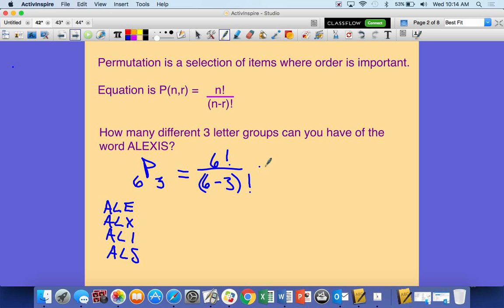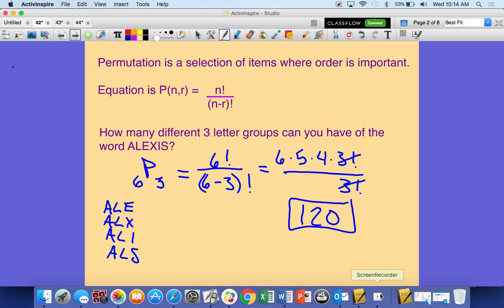Alright, and then simplifying this down, we've got 6 times 5 times 4 times 3 factorial, because on the bottom 6 minus 3 is 3 factorial. Those go away. 4 times 5 is 20, times 6 is 120. There are 120 different ways to have 3-letter groups that are all different.